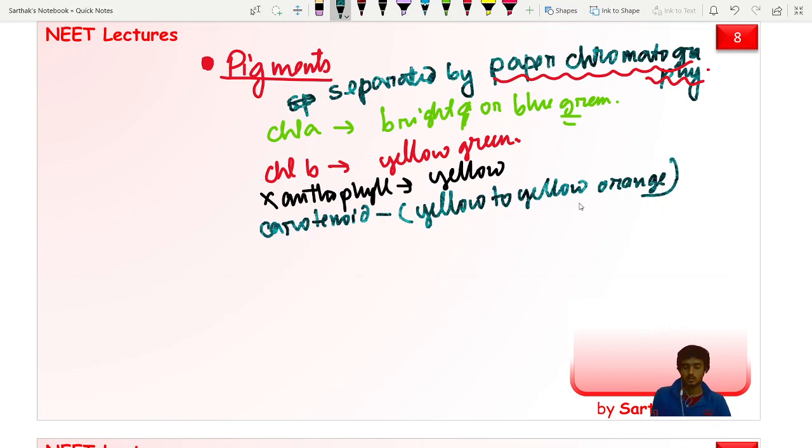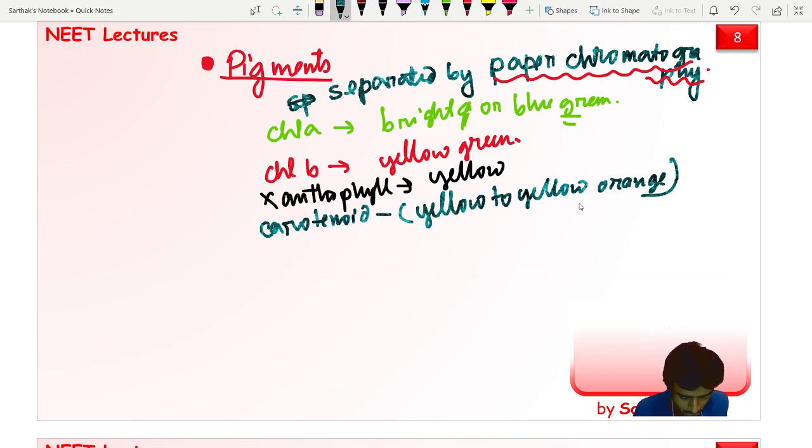Okay, so in NCERT these four colors are given, about these four pigments. You have to remember the colors here.